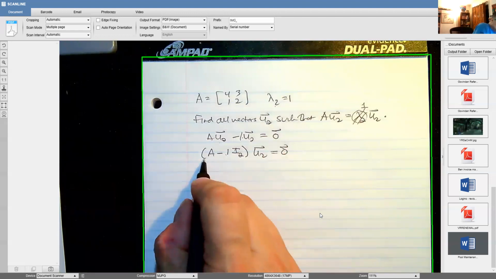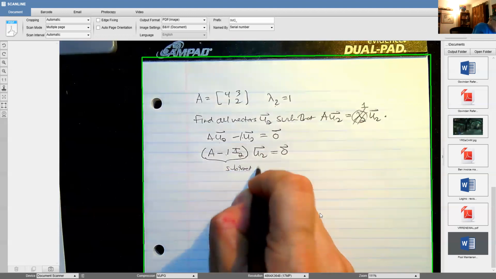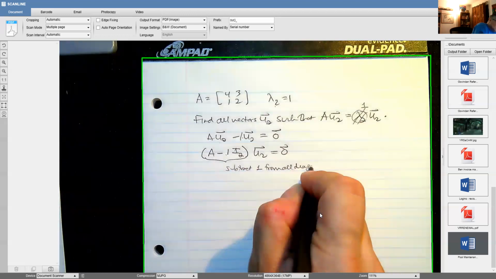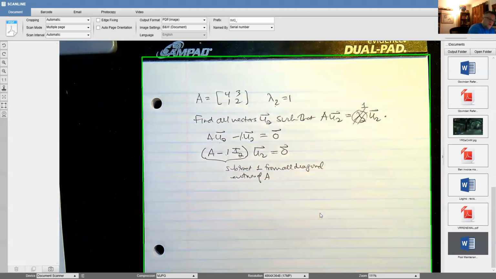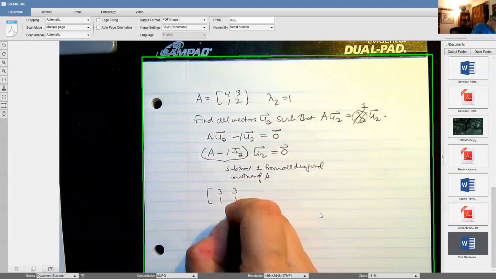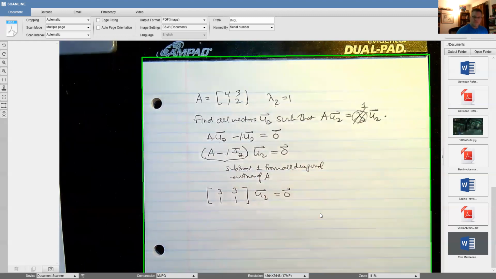And so this one, you just subtract the number 1 from all diagonal entries of A. Right, and so what this matrix turns out to be is 3, 3, 1, 1. And that's times U2 equals 0.